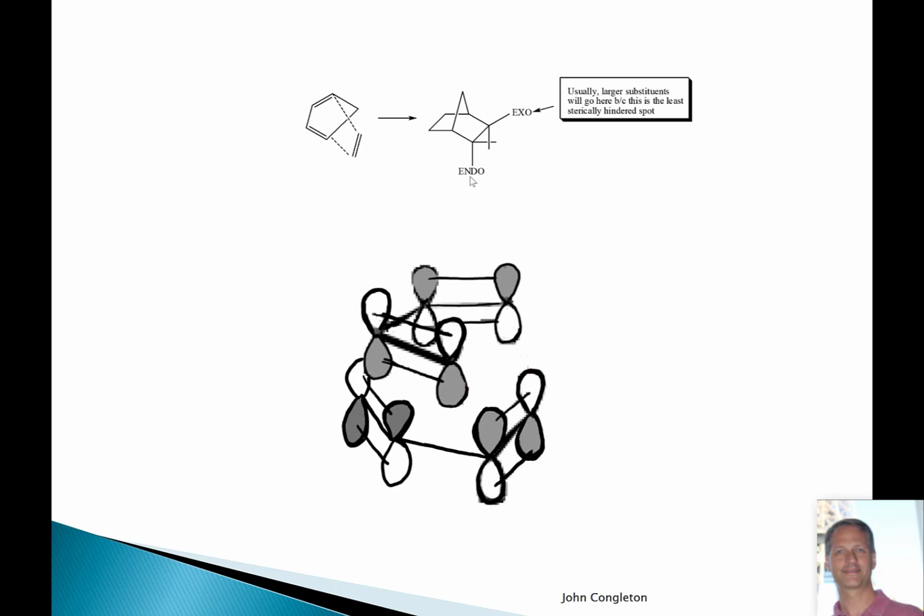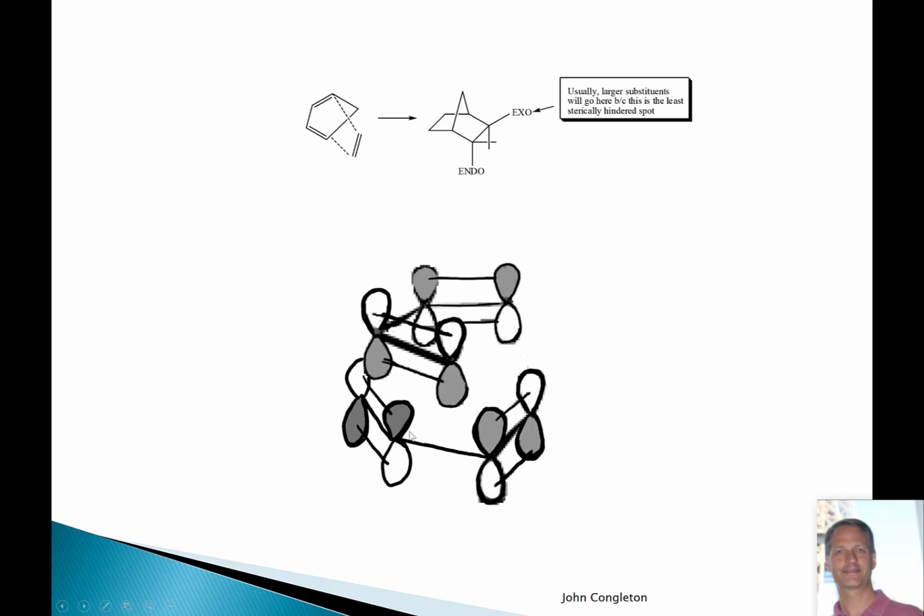So the reason why this endo position is preferred, even though typically speaking larger substituents like this exo position, is because of the way that the p orbitals overlap in the transition state for the endo approach. So if you recall, we have to have proper alignment of our p orbitals of the diene and the dienophile in order to have a constructive overlap.